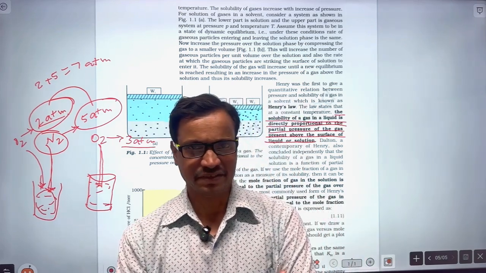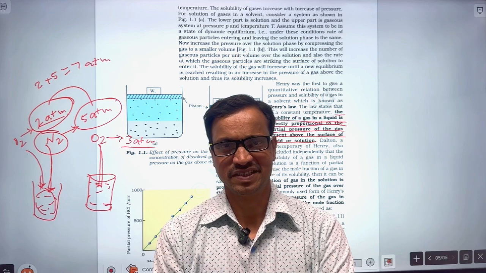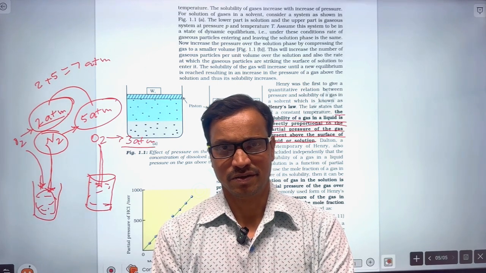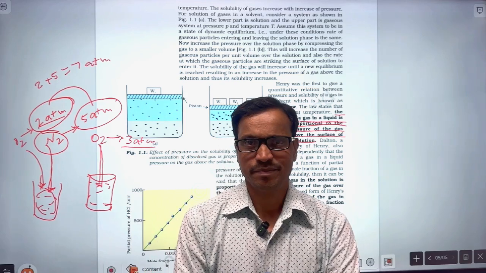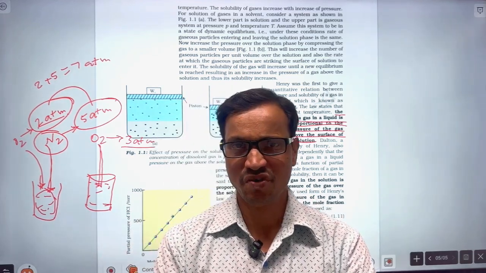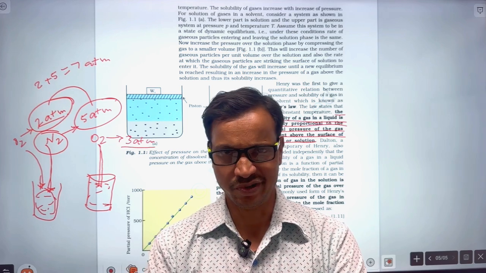You have studied a number of expressions for the concentration of a solution: molarity, molality, mole fraction, ppm, mass percentage, and so on.